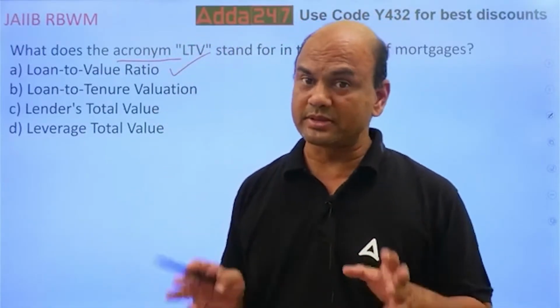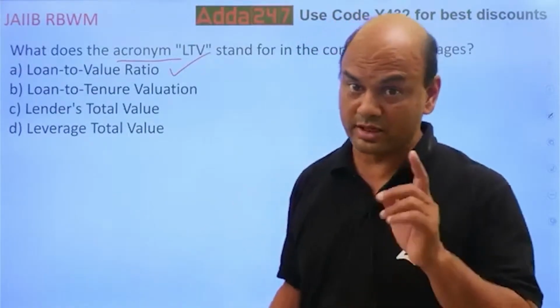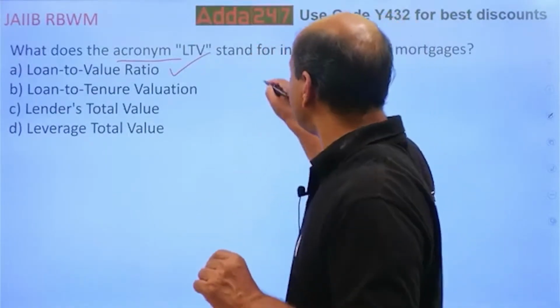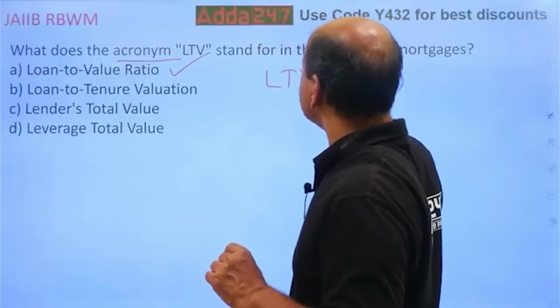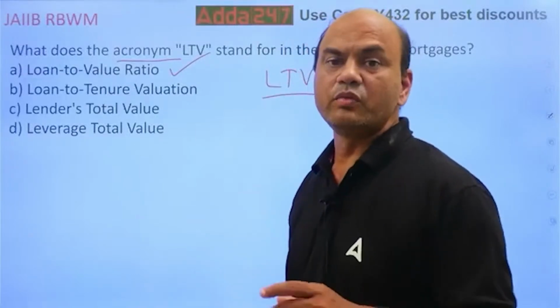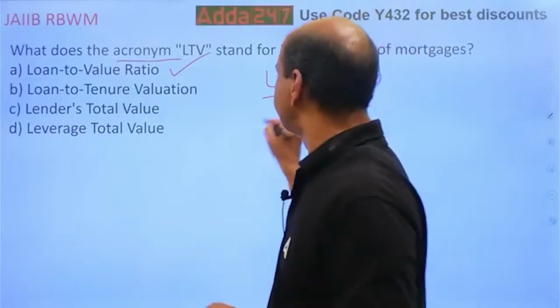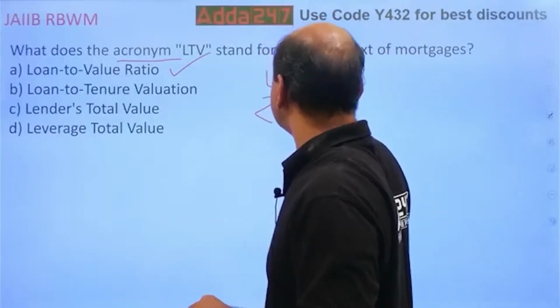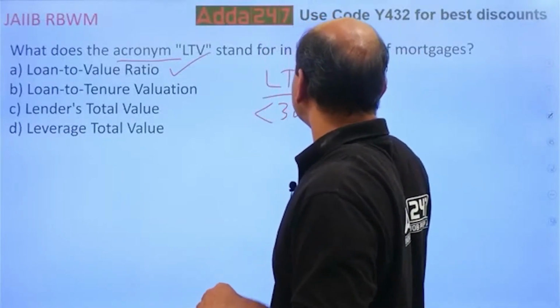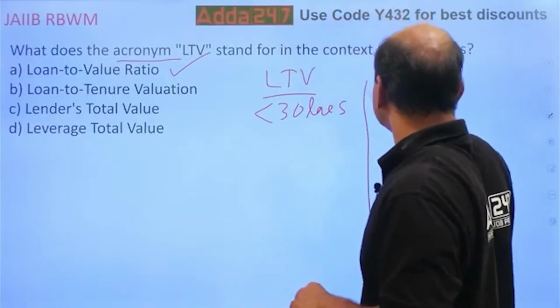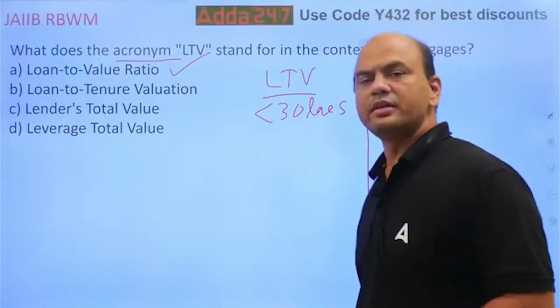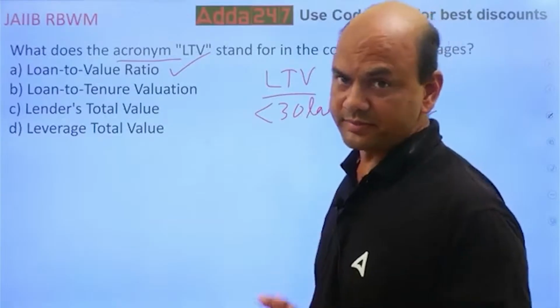Now RBI has given 3 conditions in LTV ratio. Kindly note this. For loans up to 30 lakhs, you can use the LTV ratio of 90%.